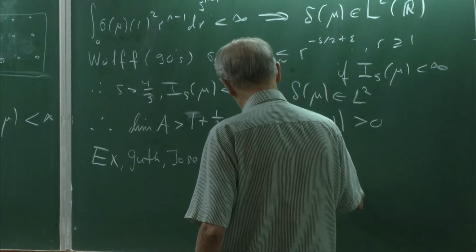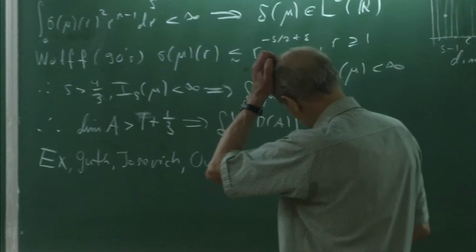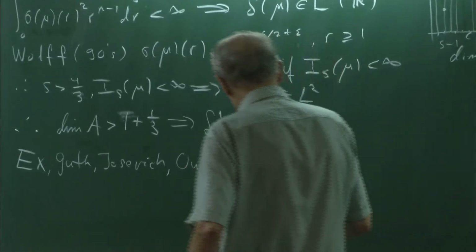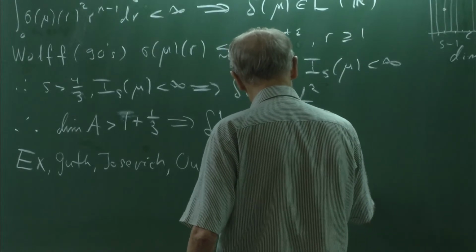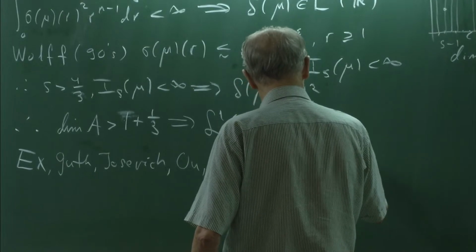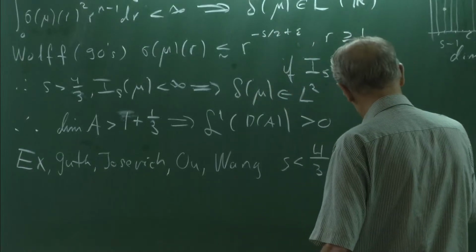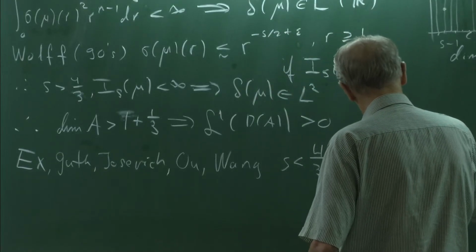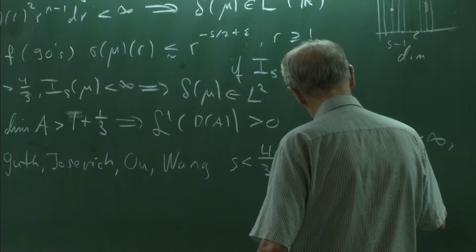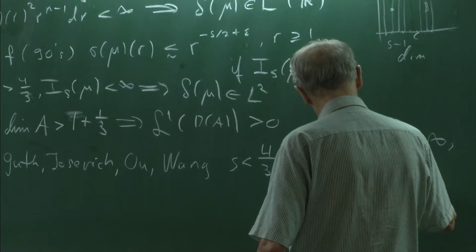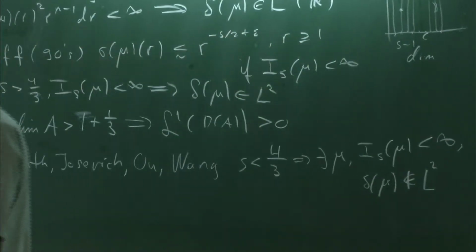I think O and Wang are both students of Larry Guth, and Josevich has been in connection with him earlier. That if S is less than 4/3, then there is mu, everything now in the plane, such that IS mu is finite, and the distance measure is not in L2. So to get the distance measure into L2, this 4/3 is optimal.